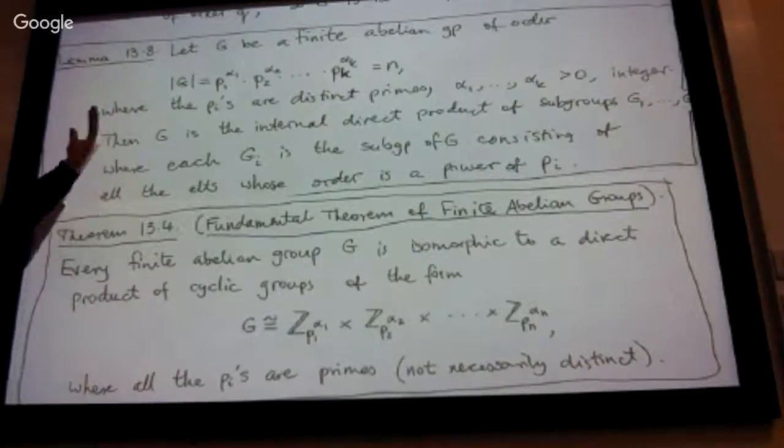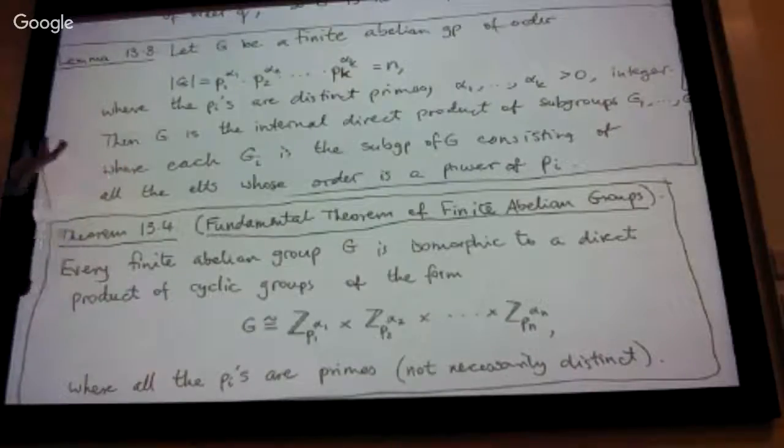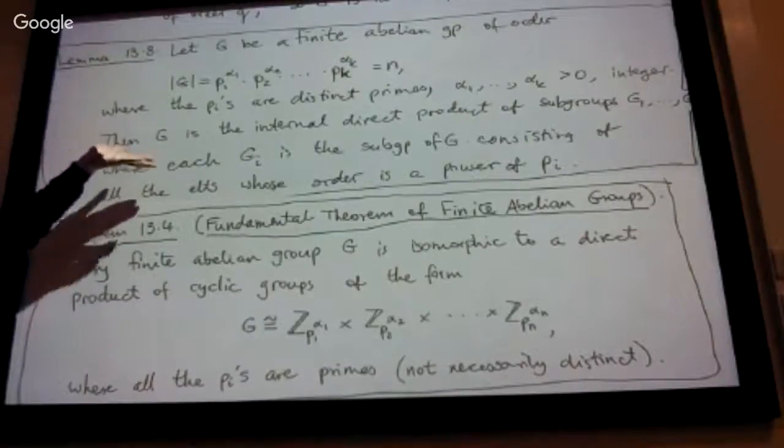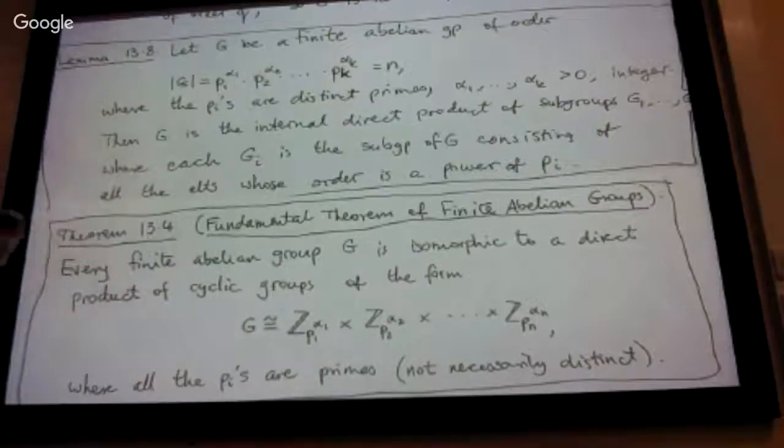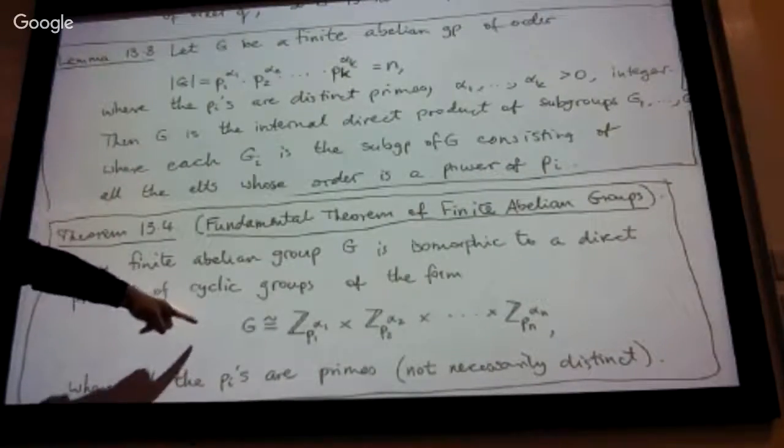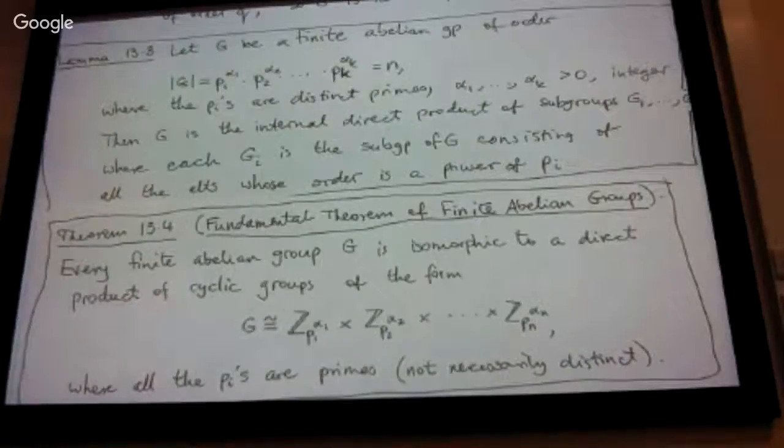So now the remaining bit is somehow to show that if you have a finite abelian p-group, you can indeed split it into a direct product of cyclic groups. And then once we have that, we'll have the whole theory. So that's the fourth lemma. Everything else goes away.